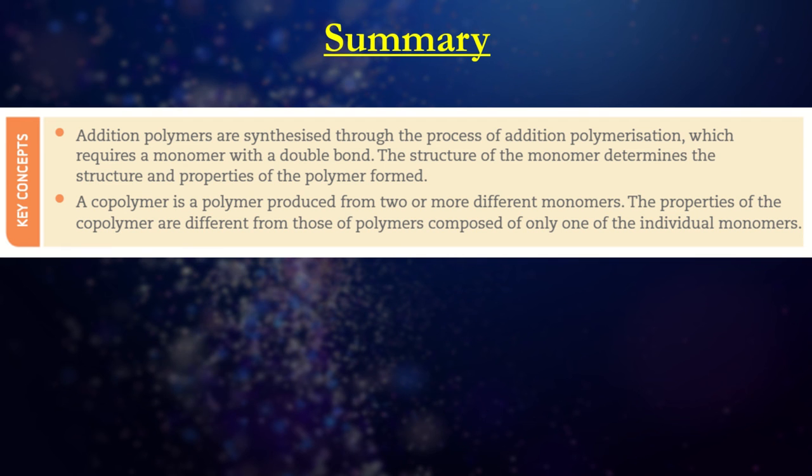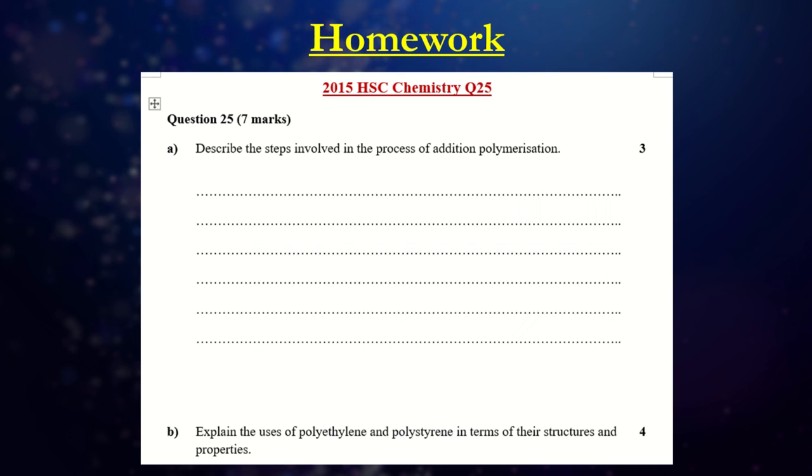What I would encourage you to do also is, I did upload a surfing chapter, but this morning I also re-uploaded another little bit of work that you can do. This is from the 2015 HSC paper, question 25. 2 questions. One, describe the steps involved in the process of addition polymerization.